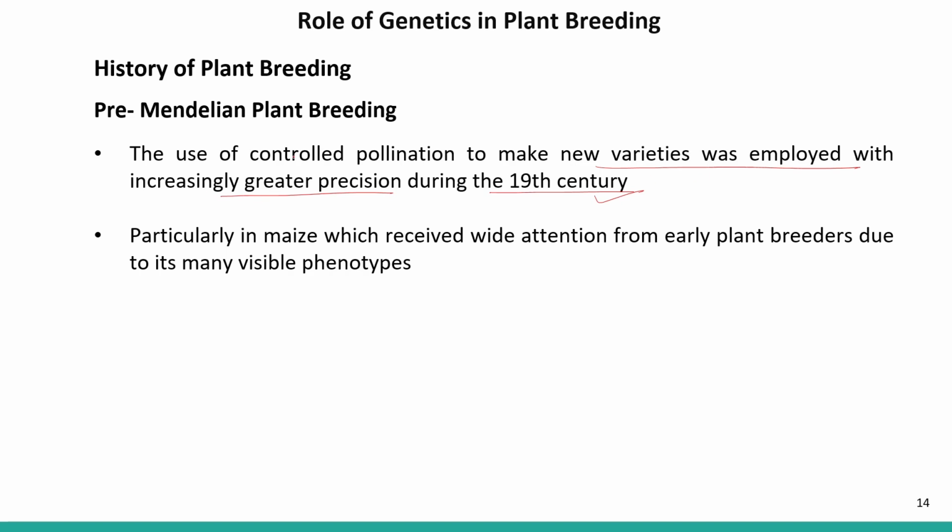So, starting in the 19th century, cross pollination or the controlled pollination technique was used, particularly in maize, which received wide attention from the early plant breeders due to its many visible phenotypes. So this controlled pollination was earlier used in the 19th century for the maize crop.